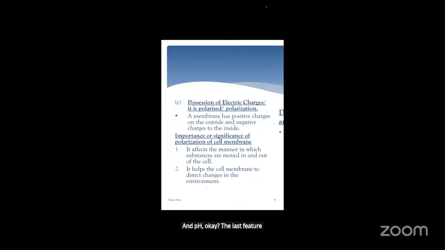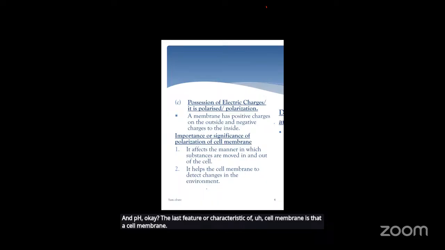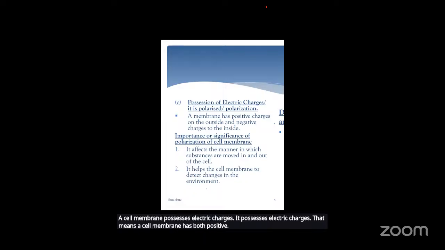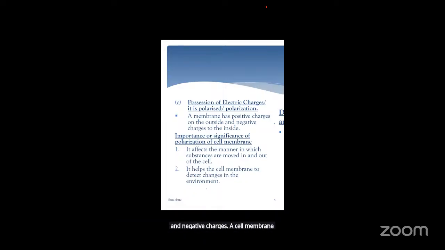Okay. The last feature or characteristic of a cell membrane is that a cell membrane possesses electric charges. That means a cell membrane has both positive and negative charges.